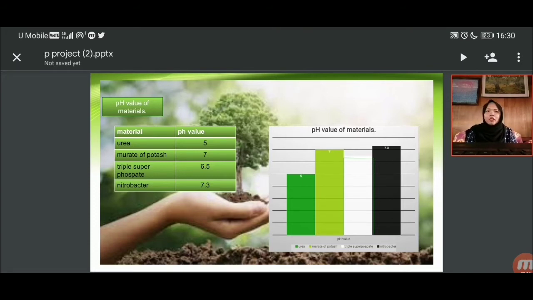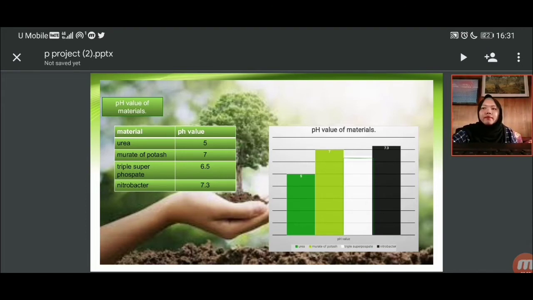So the pH value for triple superphosphate is 4.7 to 9.8. In our table, the pH value for triple superphosphate is 6.5. So it is very okay for the fertilizer that we make.